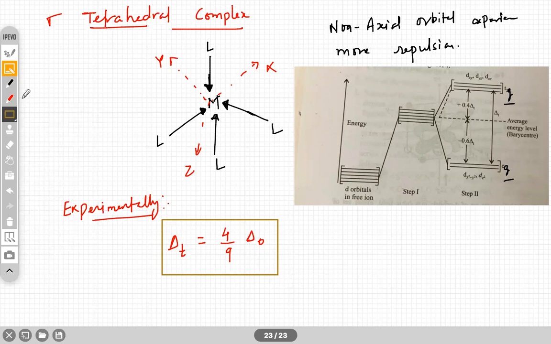Many times they have asked this question, so you must keep this in mind. From this you can easily understand that delta T is less than delta O. This you can also conclude from this.